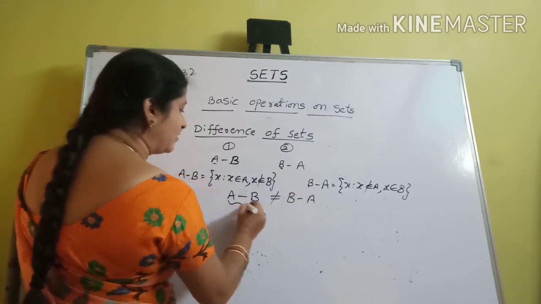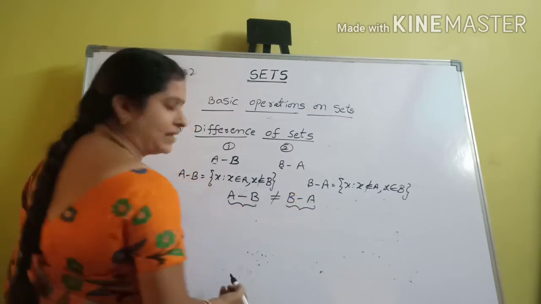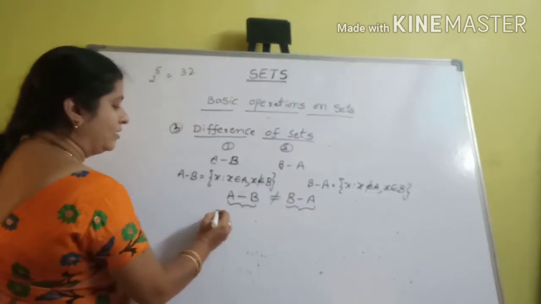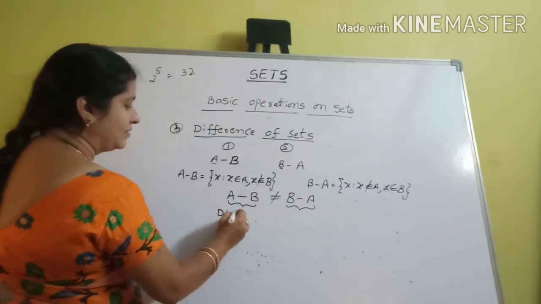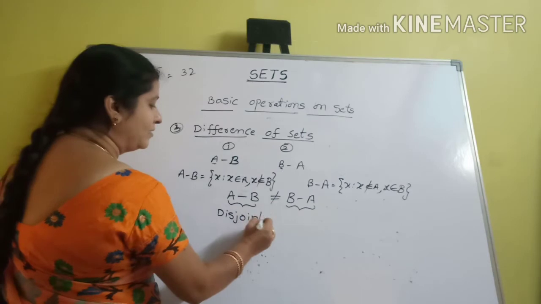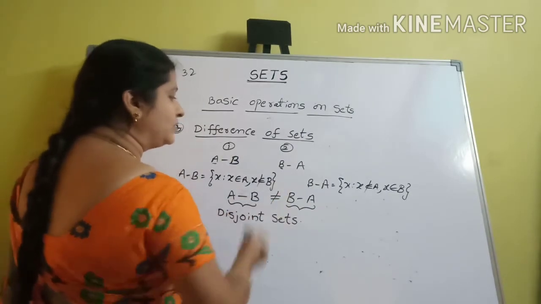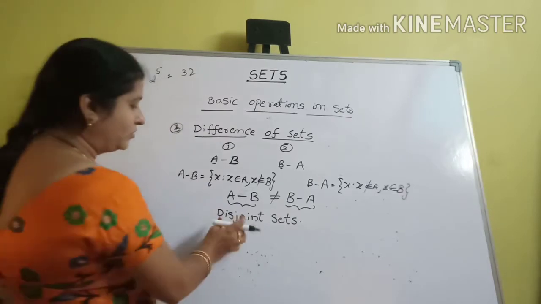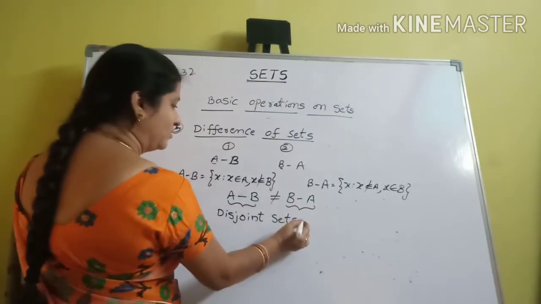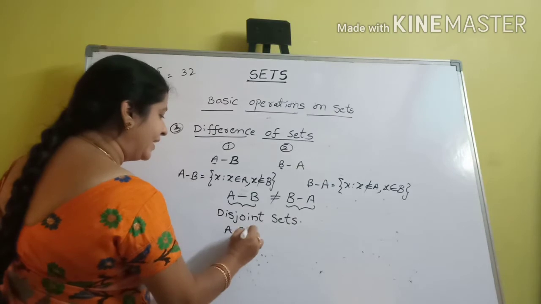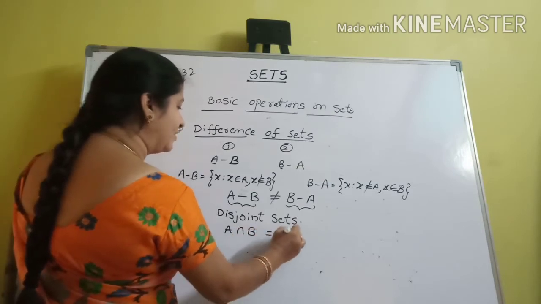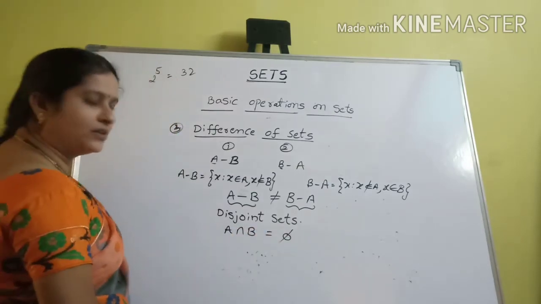So this is one set and this is also one set. These two are disjoint sets. Disjoint sets means A intersection B equal to phi.